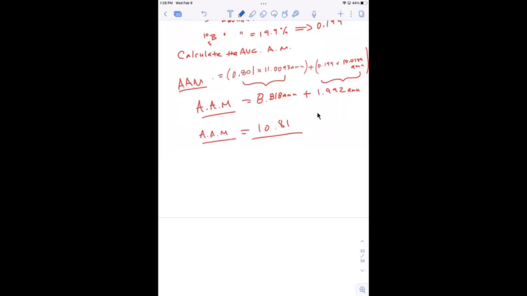All right, the next example we do is going to be similar. We're going to do the average atomic mass for magnesium and its isotopes. So magnesium exists as three different isotopes. It's magnesium 24, magnesium 25.